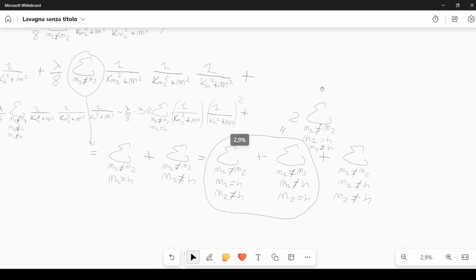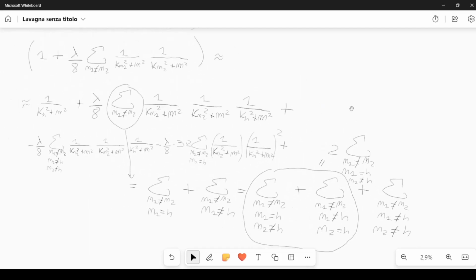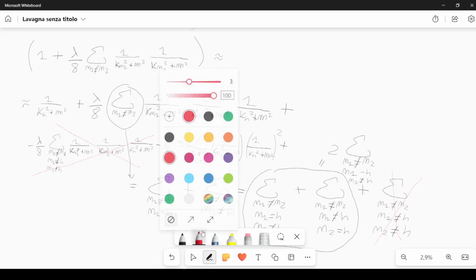Now you can see that when we rewrite this summation as a sum of this summation here and this summation here, this term here will be cancelled by this summation here. Maybe I can thicken my red pen.